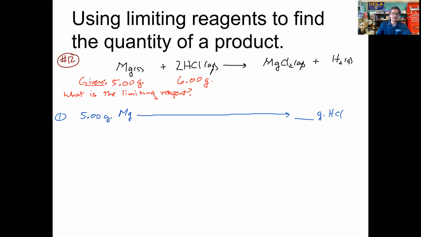This is a mass to mass conversion. So our first conversion factor is the molar mass of magnesium, which is 1 mole of magnesium and 24 grams of magnesium, straight from the periodic table.